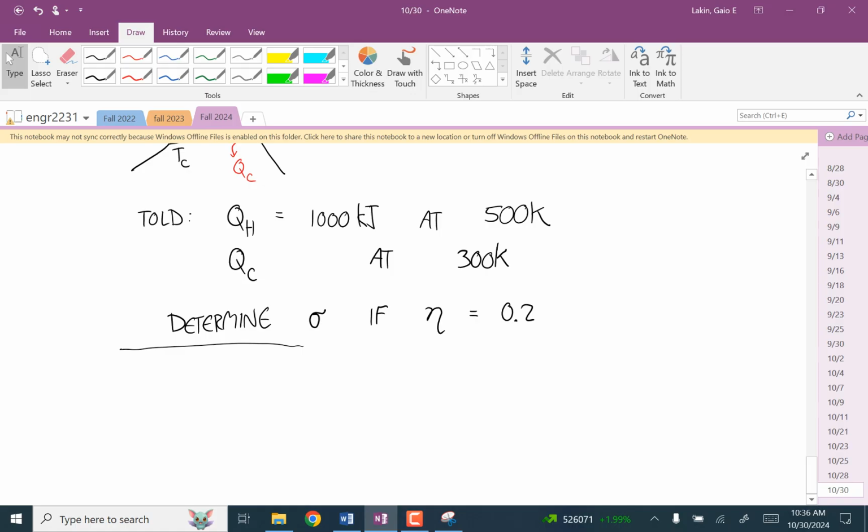We know that if this was a perfect cycle, if it was a reversible process, the ideal efficiency would be 1 minus 300 over 500, and so that is 0.4.